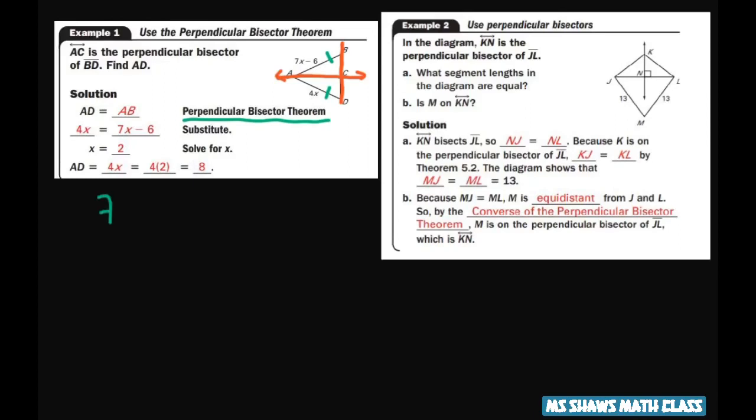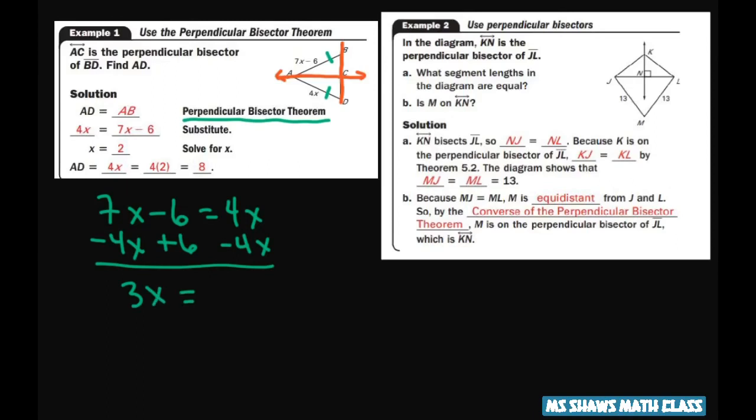So set them equal to each other. I'm going to add 6 and subtract 4x from both sides. So subtract 4x, and you're going to get 3x equals, if you add 6 here, 6, so x is 2.